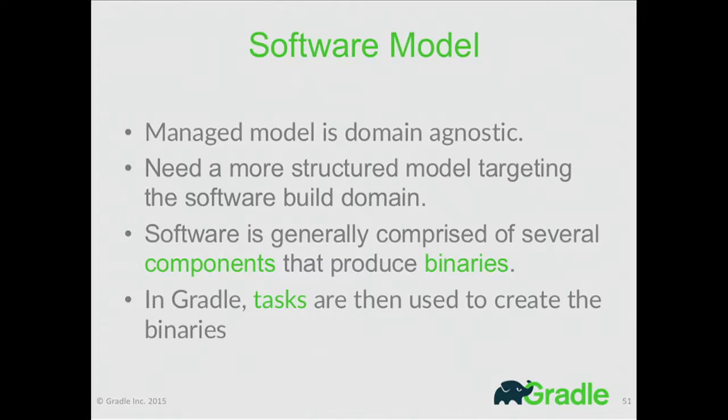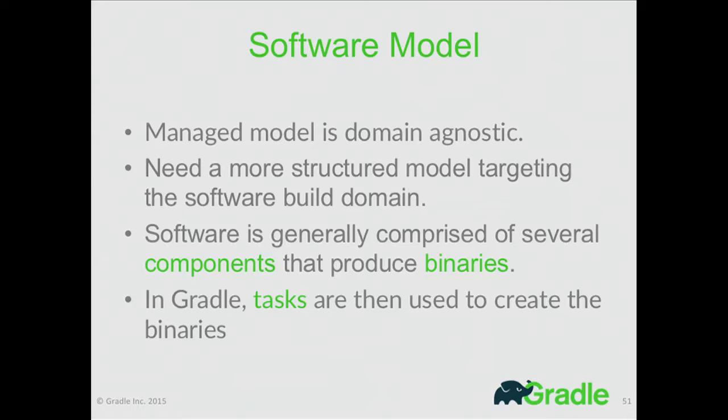Okay. We also call it the component model or new component model. Basically, this is an abstraction on top of the new rules-based configuration. It's basically the idea that the new configuration model is domain agnostic. It's just to allow you to describe any kind of domain.